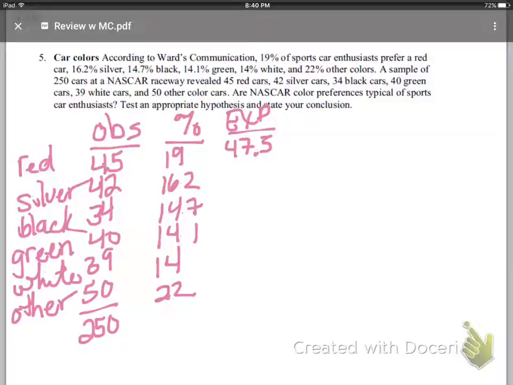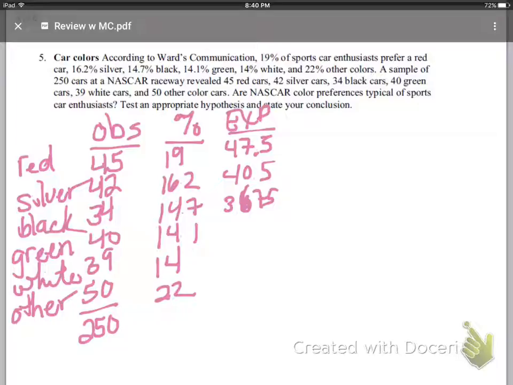And for silver it is 250 times 0.162. And that's 40.5. And 250 times 0.147 for black is 36.75.